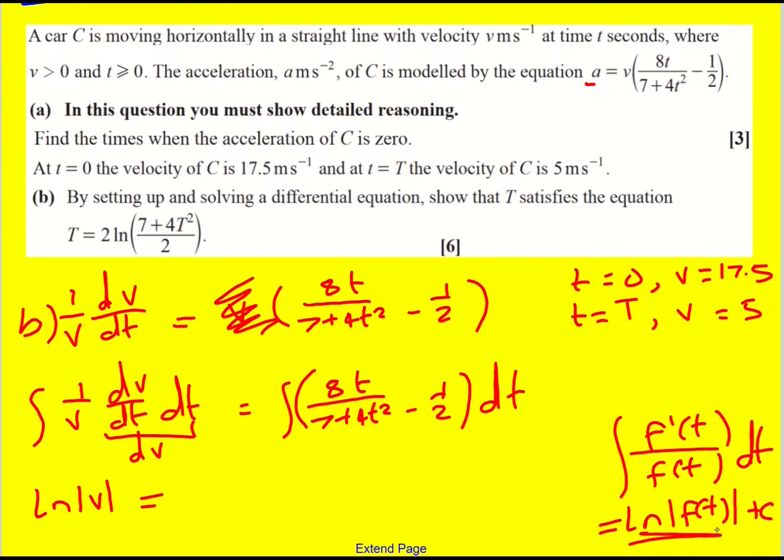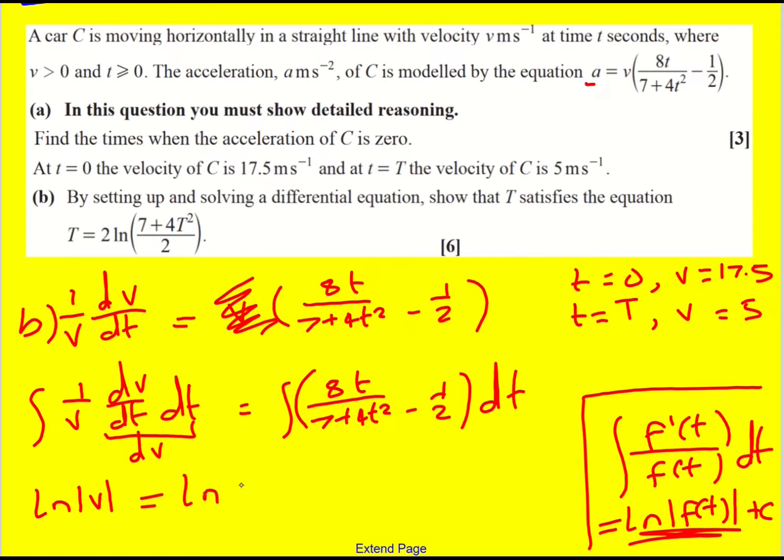Reason being, when you differentiate ln of a function, you differentiate the outside, the ln bit, you get 1 over f of t. Then you times by the derivative of the inside, that's your f dash t. So this is a result to just know, be ready to look for. And it's precisely the result here. If you differentiate 7 plus 4t squared, you get precisely 8t.